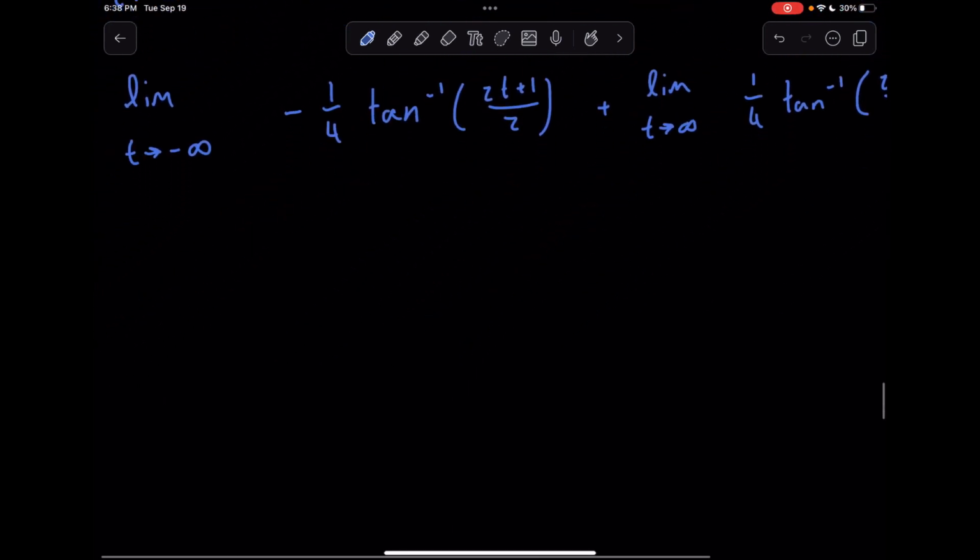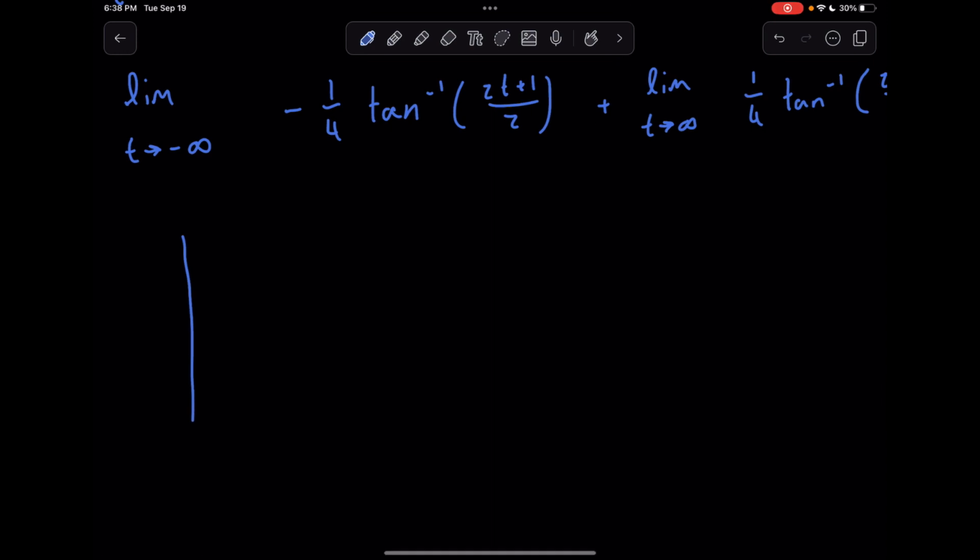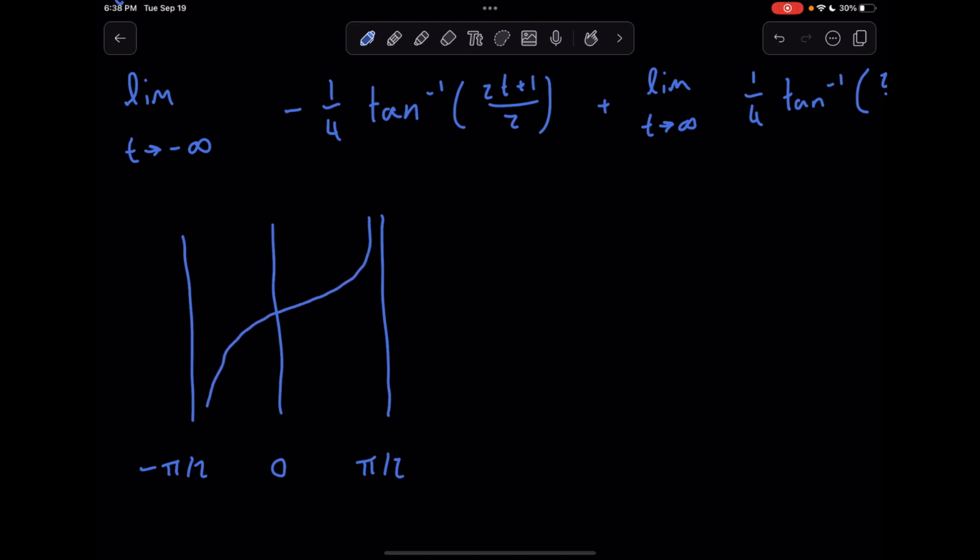To do that, let's look at what the graph of tangent inverse looks like. We have negative pi over 2, so we're looking at the range from negative pi over 2 to pi over 2. The graph looks something like this. So as the input approaches infinity, the value approaches pi over 2.